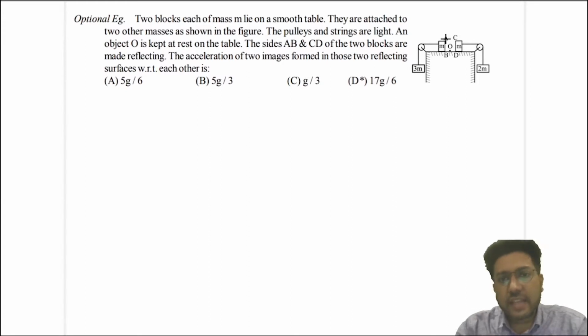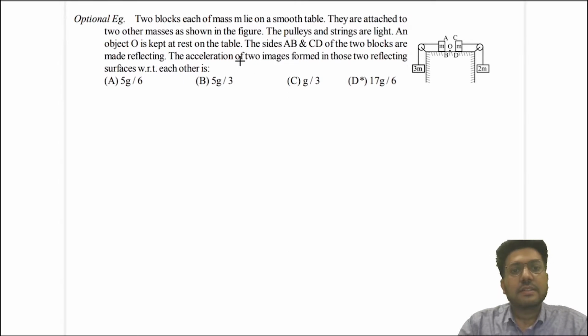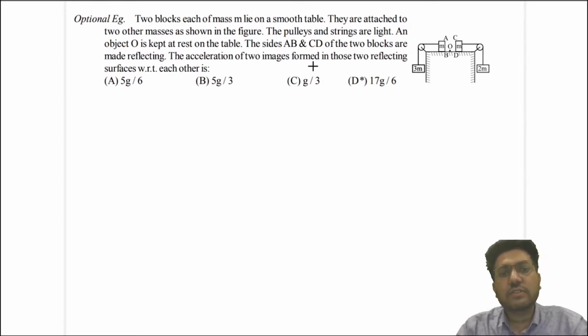The sides AB and CD of the two blocks are made reflecting. So this side and this side both are reflecting surfaces. Then what is the acceleration of the two images formed in those two reflecting surfaces with respect to each other?